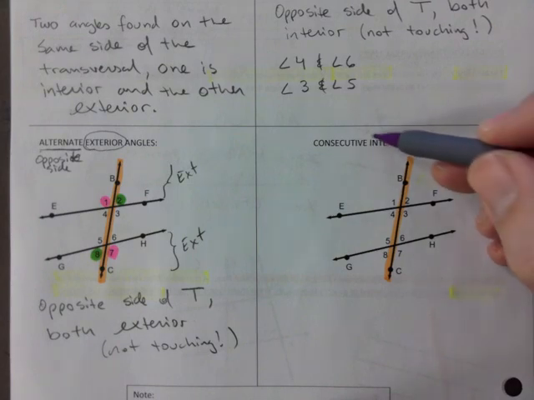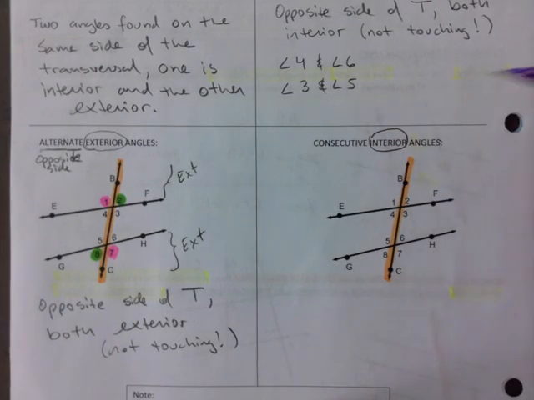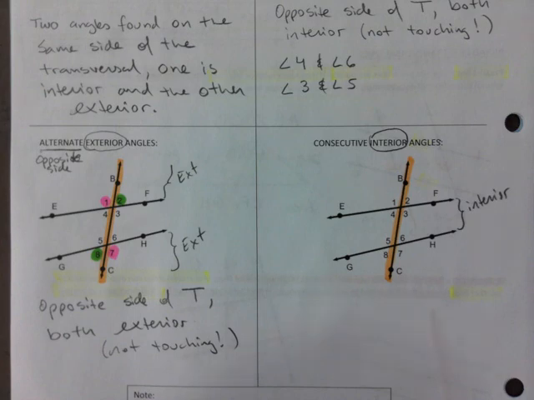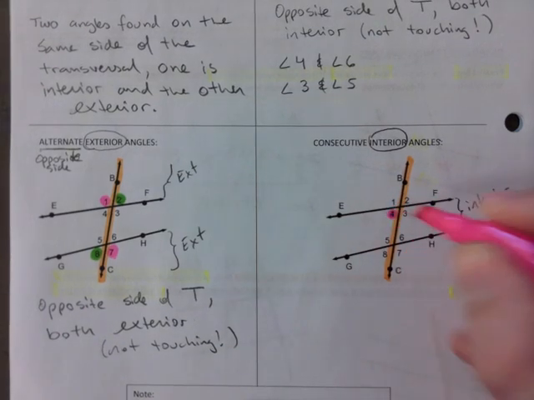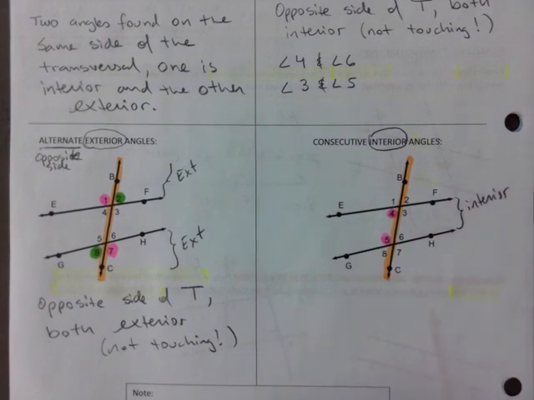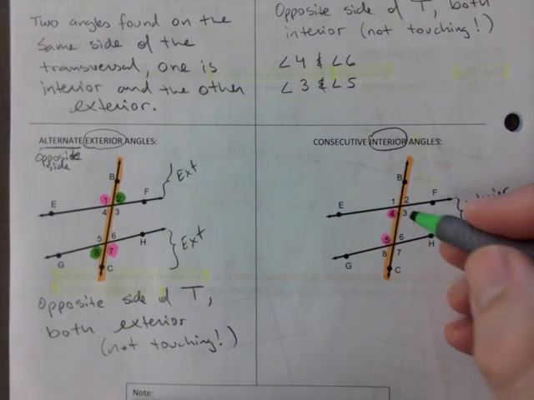So consecutive interior, watch this. This is interior, so we have to stick within the interior. And it's this, I'm going to use this color, pink maybe. It's actually these ones here, those would be consecutive interior, or these ones here.